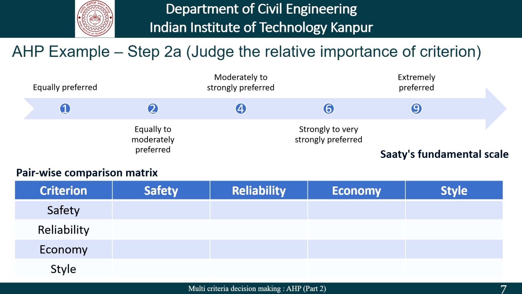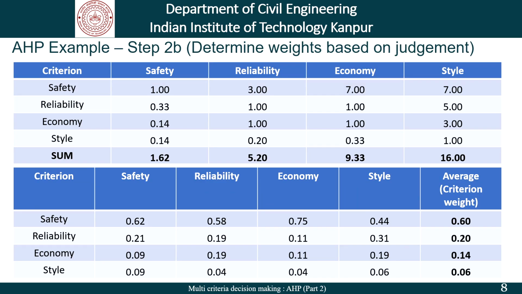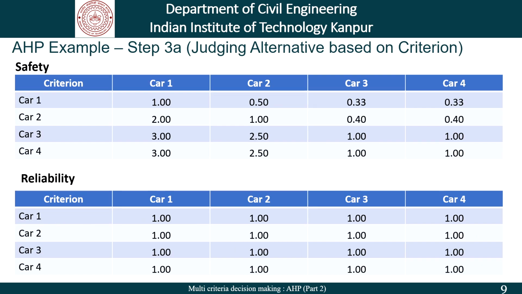So, we saw that we can get a pairwise comparison matrix like this, and we can do some numerical calculations on that to determine the average criteria weight. For each criteria we could determine these weights. Then the next step was to compare each of our alternatives based on the given criteria.